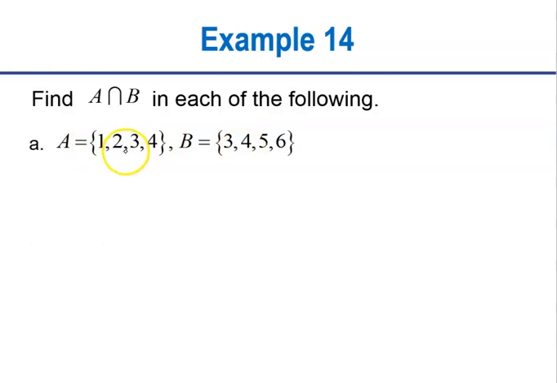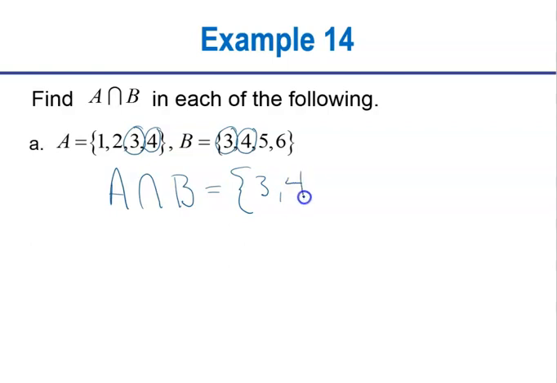The number 2 is in A but not in B. 3 is in set A and also in set B. The number 4 is in set A and also in set B. Now if you take a look at set B, 5 is in set B but not in set A, and neither is 6. So we could say A intersection B is equal to the set 3, 4.